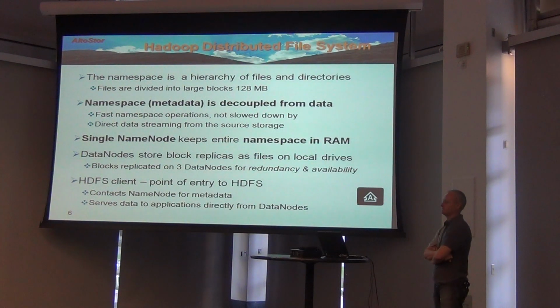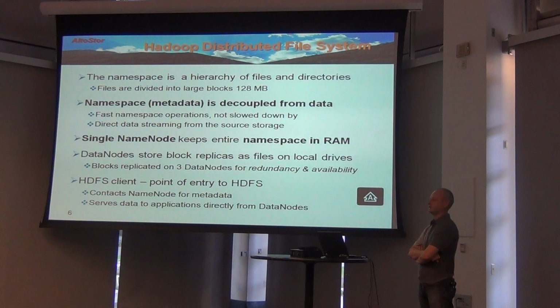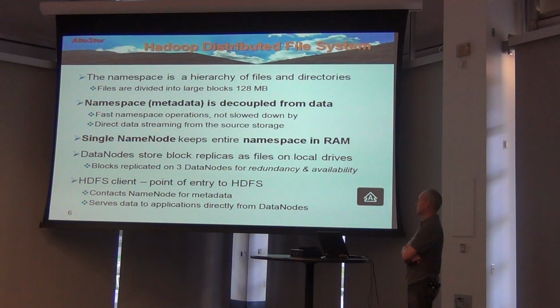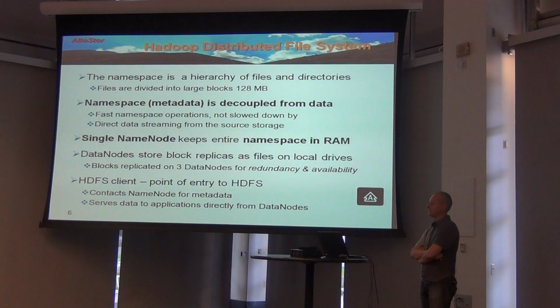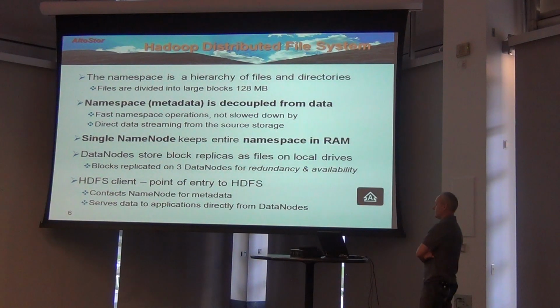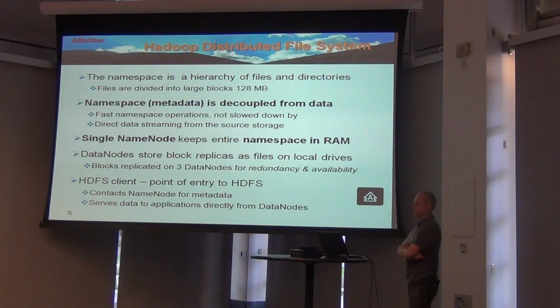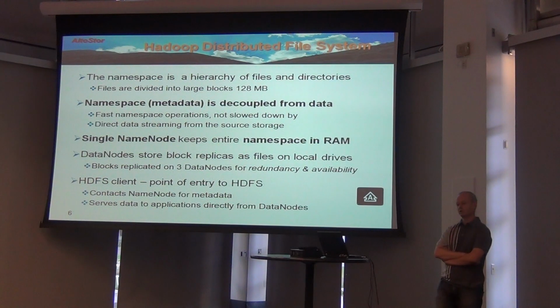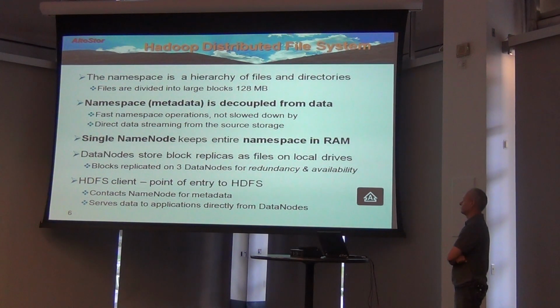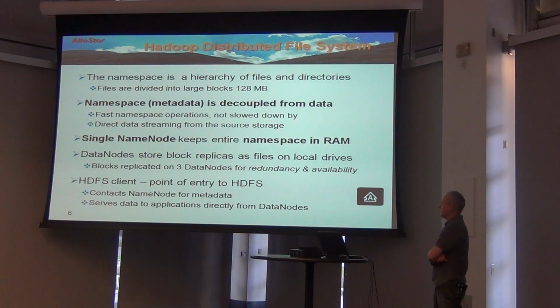HDFS is, from the user's point of view, a regular file system with files and directories. The namespace, the entire metadata, is decoupled from data in HDFS, and it is stored in a single name node. That substantially accelerates metadata operations, which usually are short and there are lots of them, and decouples them from long, heavy data transfer.